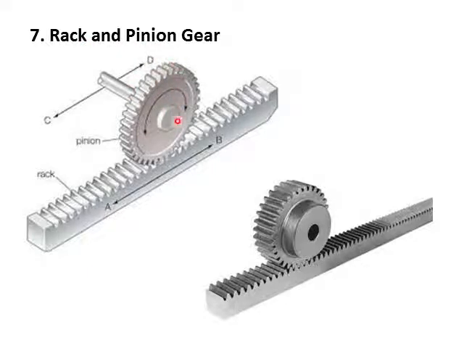The pinion gear rotates around its axis and drives the rack gear, and the rack gear translates. So this rotation motion is transformed into linear motion, and also the power is transmitted from the pinion to the rack, by rotation to translation.